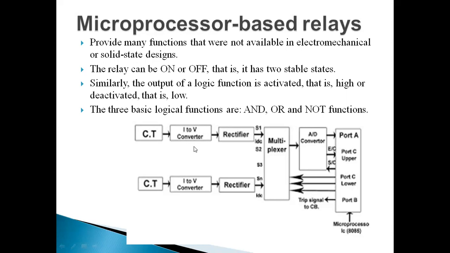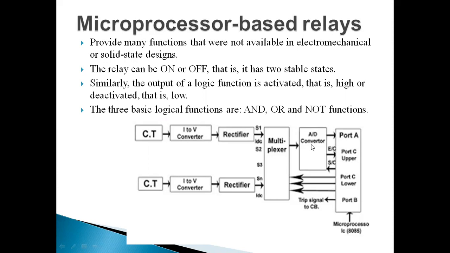By using this CT, the current is decreased, then that output is given to this I to V converter. Then, actually the supply is AC, so it is rectified, converted into DC, and then given to the multiplexer. Then the A by D converter, analog to digital converter, because this microprocessor requires digital input. So it is first converted into digital signals, then given to the microprocessor.